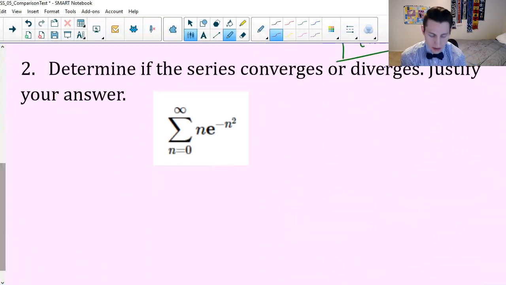Okay, so for this series, I'm not certain, so it doesn't look like a P series. It doesn't look like a geometric series. My next bet would be to do the nth term test.